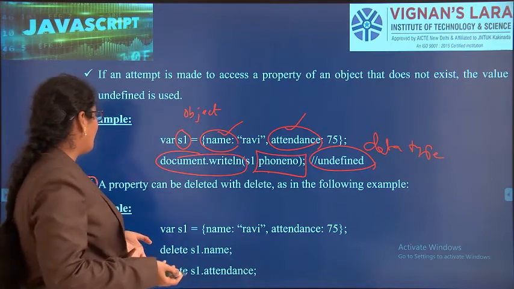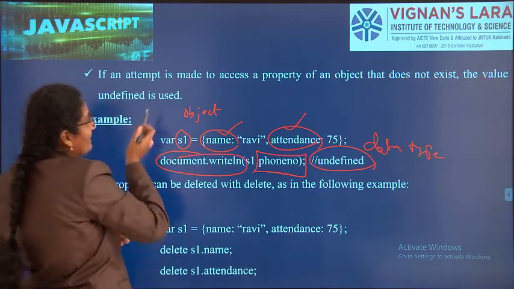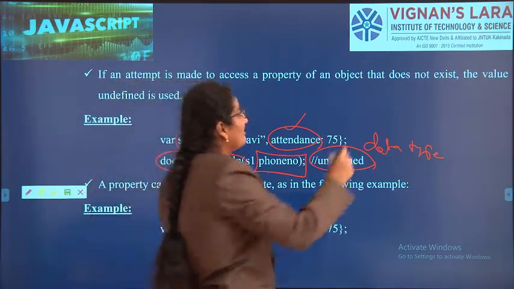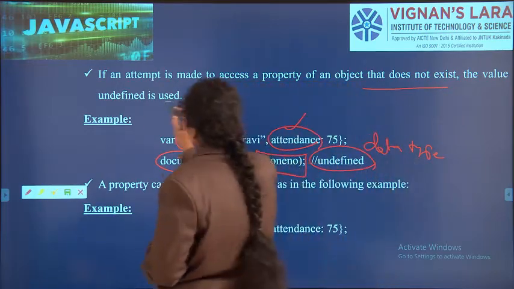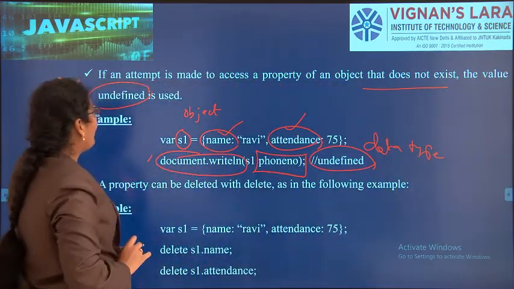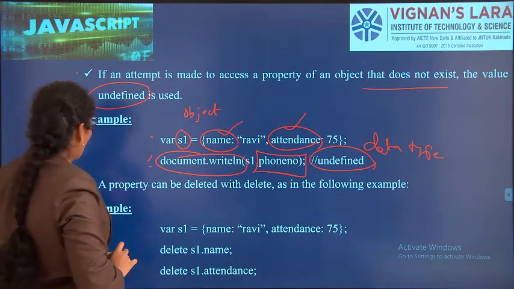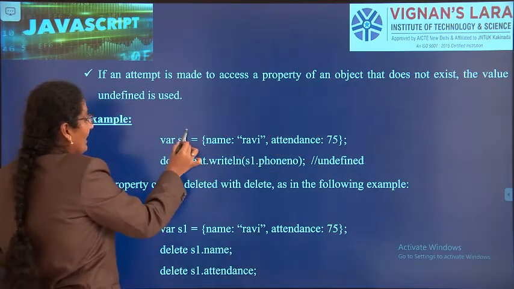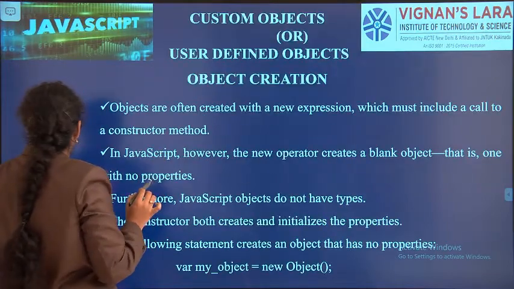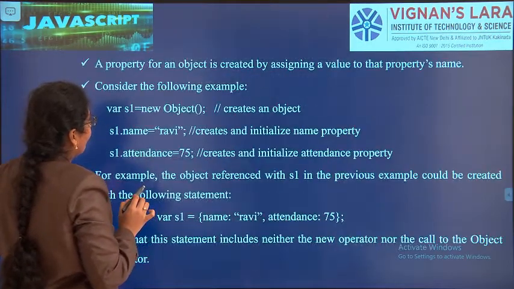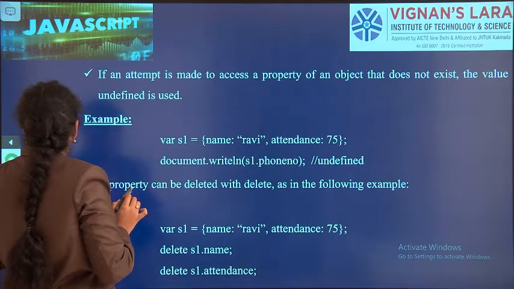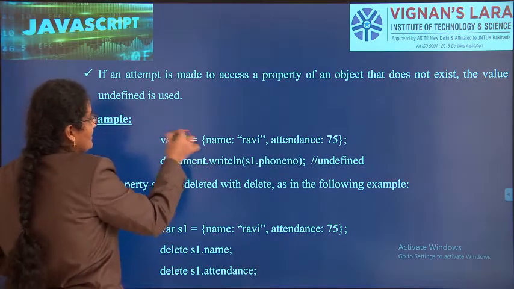What I wanted to tell you is, if an attempt is made to access a property of an object that does not exist, the value undefined is used. What I have written in the form of a point here, I have explained in the form of an example here. So S1 is my object.